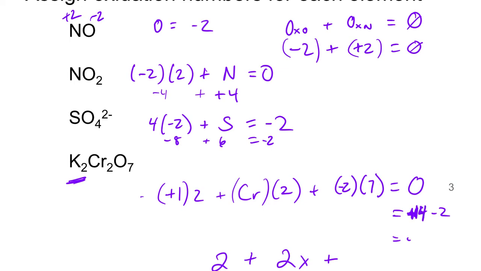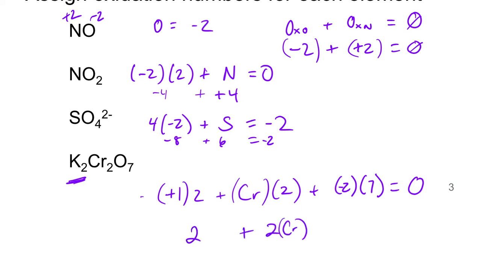See, super easy to make mistakes on these. I know why y'all do that. That's not an eraser. There we go, okay. So 2 minus 14. Yes. Hang on. Let me erase again. Okay. 2 plus 2 times chromium plus -14 equals 0.